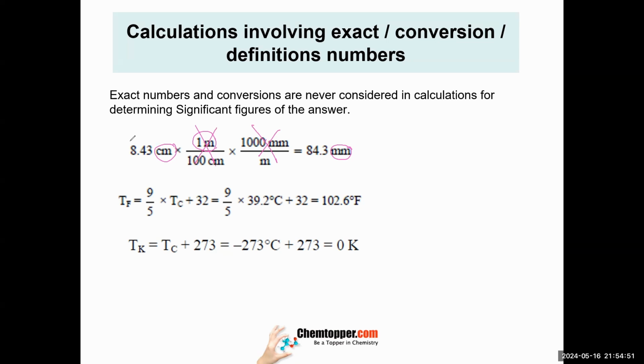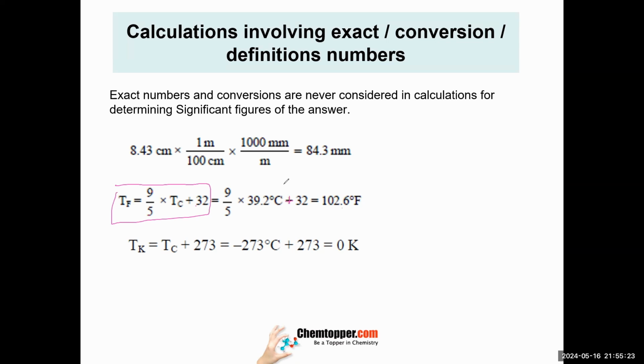Do not consider them during calculation. So my answer will be decided by this number. This number has how many significant figures? 3. So the answer should have 3 significant figures. Okay, check here. This is by definition. Here 9/5 and 32 are exact numbers. And this is addition. You can see you are adding 32.